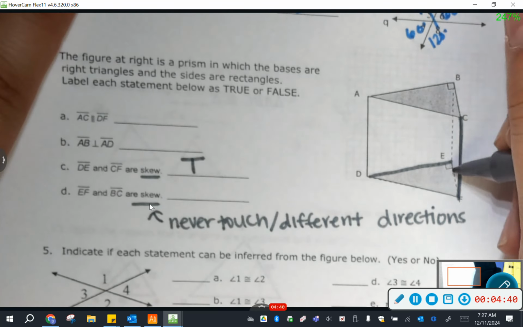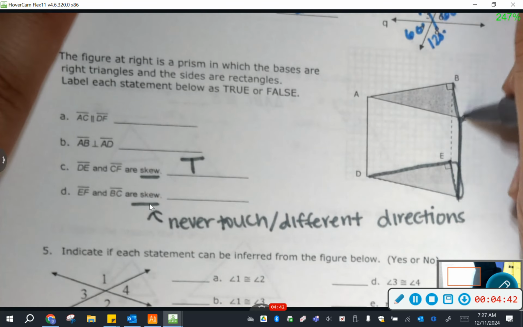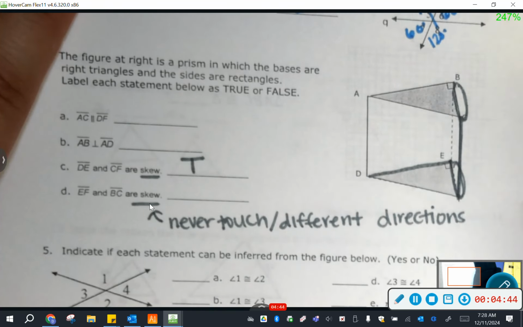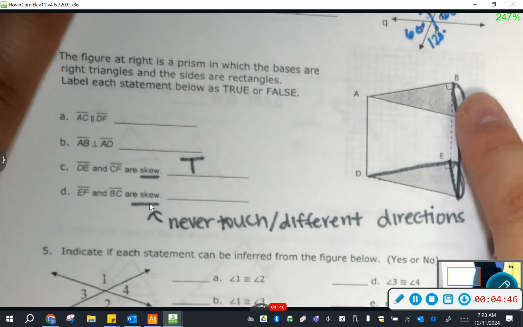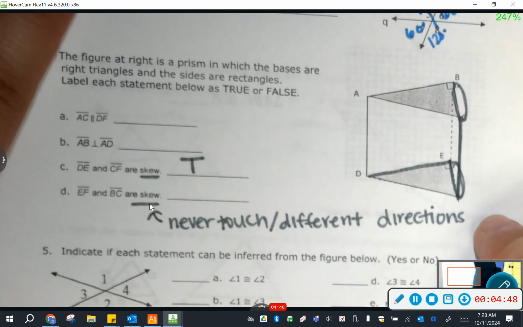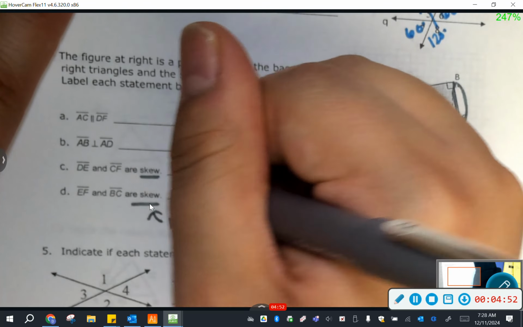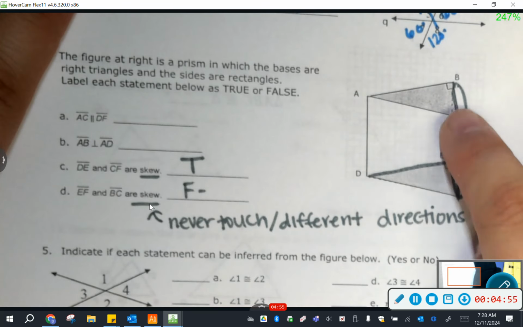What about EF on the bottom and BC? Are these lines going to touch? Going the same direction? Yes. So are they skew? No. What are they called when they go the same direction? Parallel.